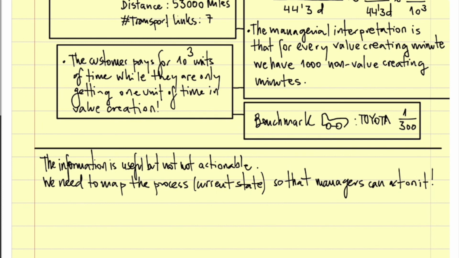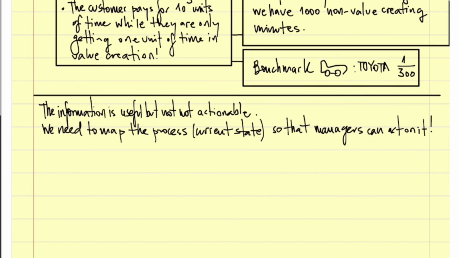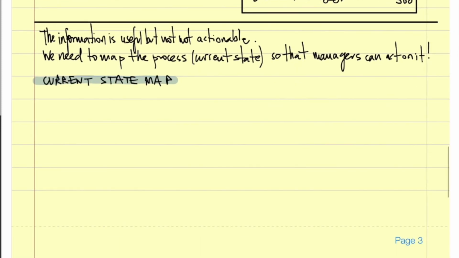Okay, that's why we create the current state map, the so-called current state map, based on the information we have gathered after 1 month of traveling around and building relationships with the customer and with the suppliers.